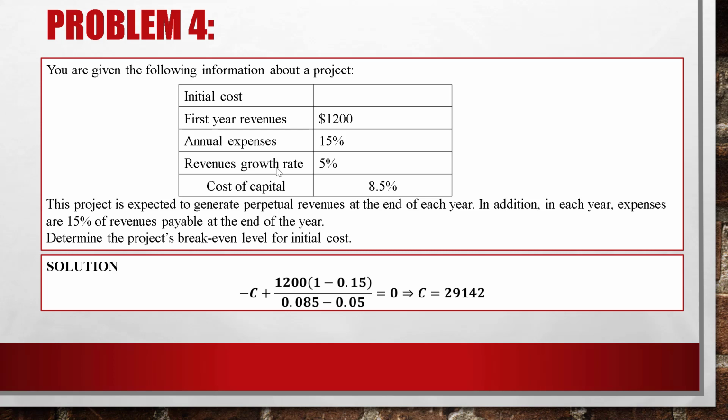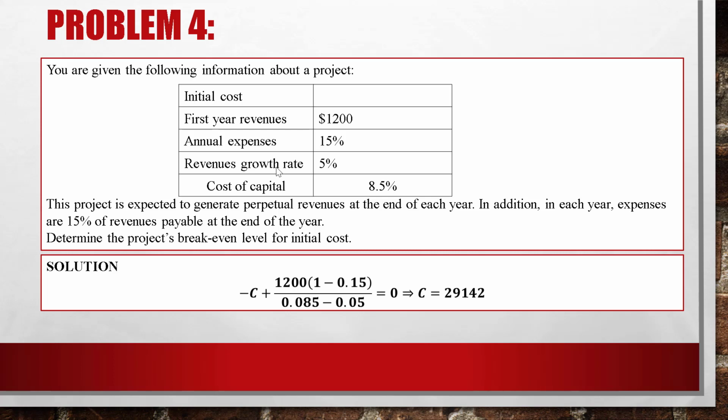Here 0.15 is the annual expenses. 0.085 is 8.5%, which is the cost of capital. 0.05 is 5%, which is the revenues growth rate. So from here we have an equation of C, and go ahead and solve for C.